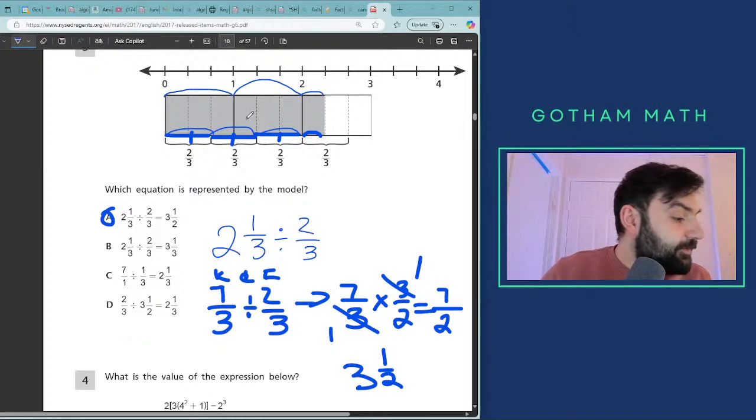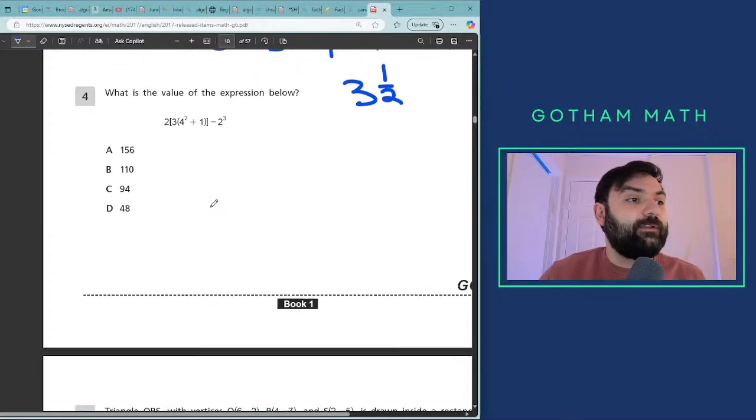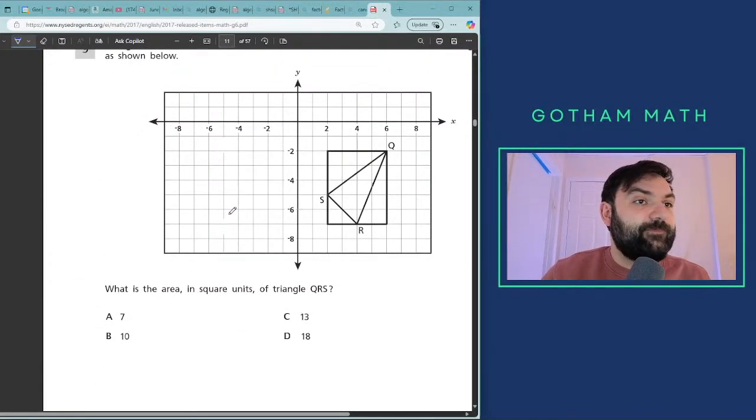All right, the next one was what, 4 or 9? 9. All right. What is the area in square units of triangle QRS? This is classic. This is something that you will see all the way till geometry. So how do we find the area of this triangle?